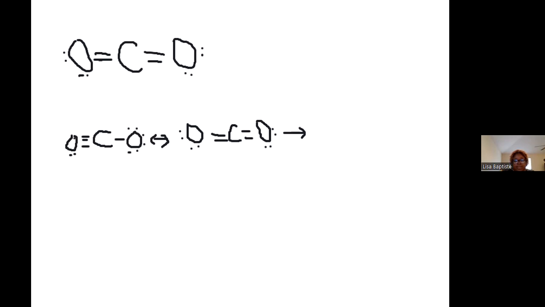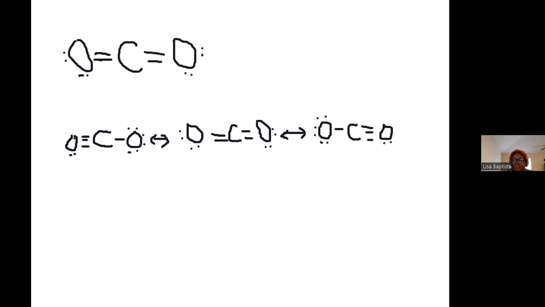All right, and then the other one would be here, where we would have a single bond with carbon and a triple bond to this oxygen. Okay, and then we could draw our electrons still there. All right, so those are our resonance structures.